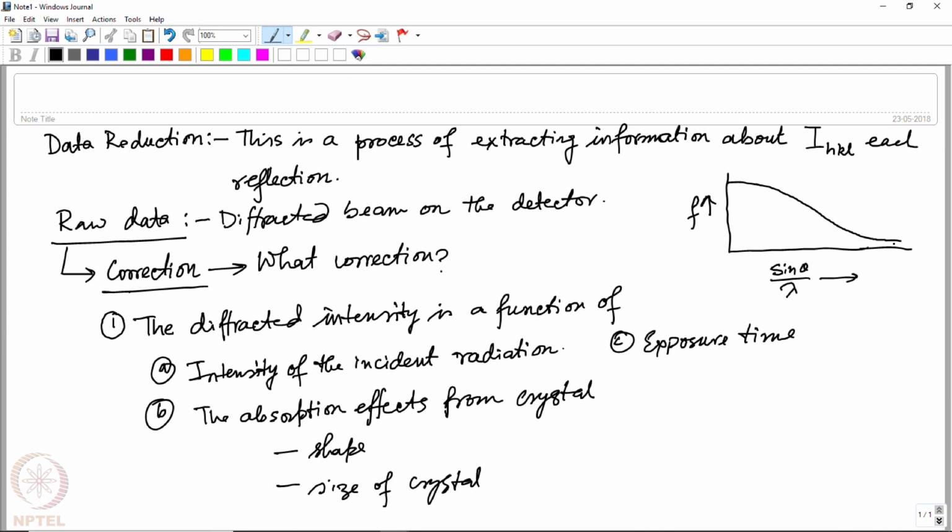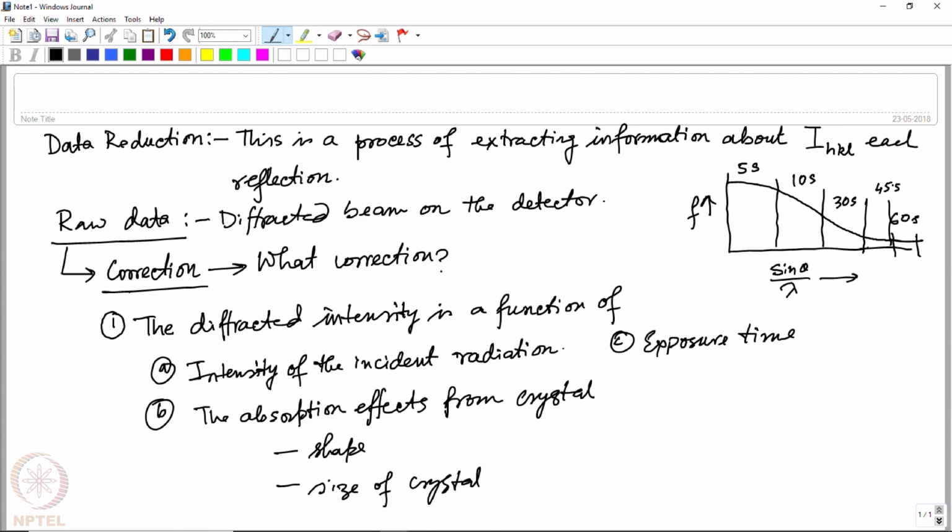So in this region you may have to spend 60 seconds for every frame, whereas for this region you may be spending 5 seconds per frame. The middle region, you may be spending 10 seconds per frame. This portion, you may be spending 30 seconds per frame, and this region here maybe 45 seconds per frame. So that means the exposure time is changing.